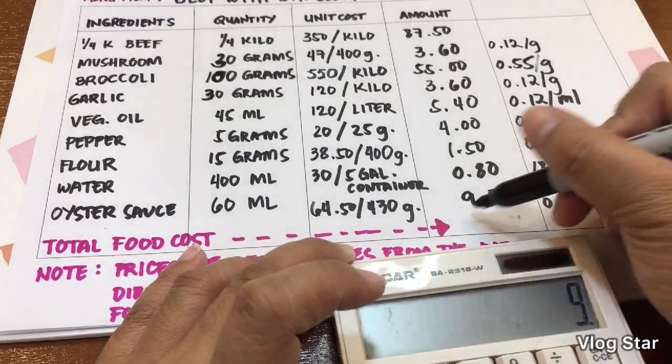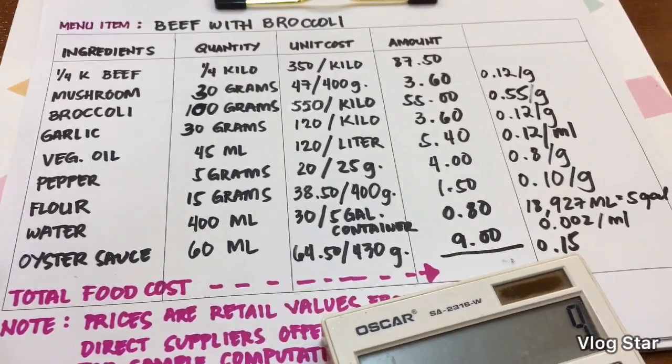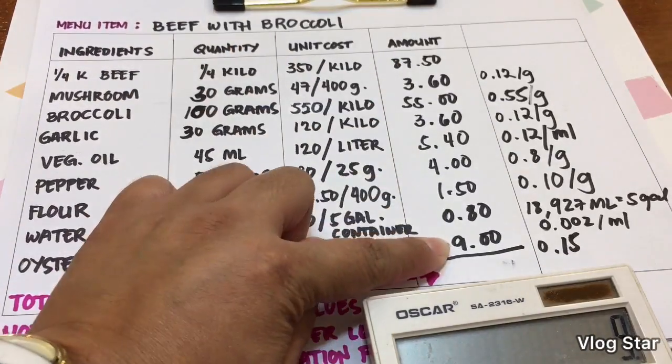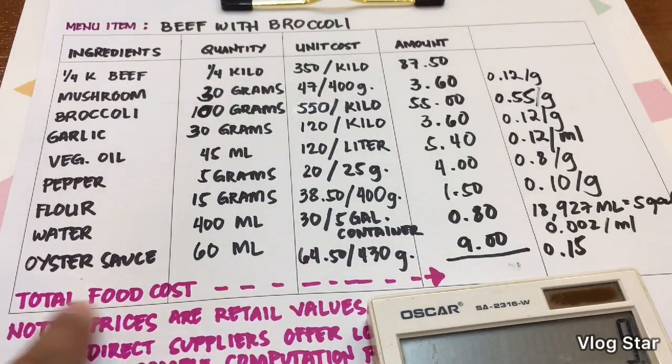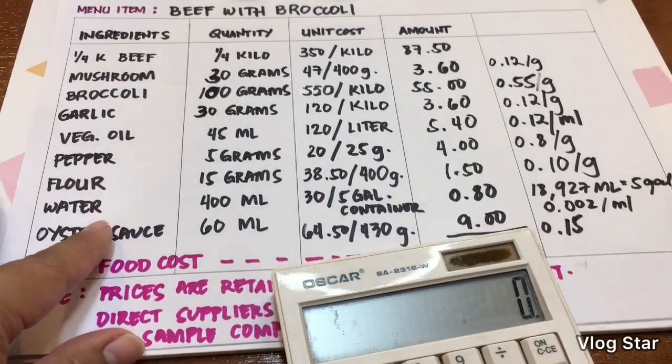So, ito yung cost ng ating beef with broccoli. So, tignan natin yung total para makuha na natin yung ating total food cost. I-add lang natin lahat to.